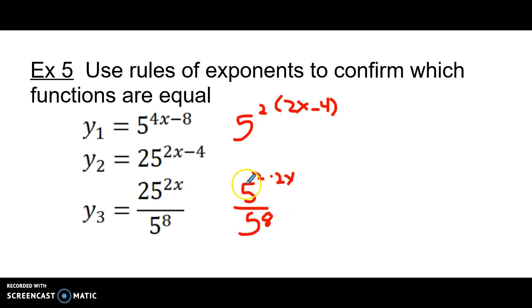We take this number and we subtract the 8. So this is going to be 5 to the 4x minus 8, which we already know now. Oh, look at that. It's the same as that. So what I've got here is all 3 that are equal.